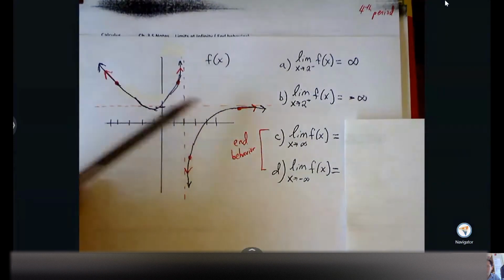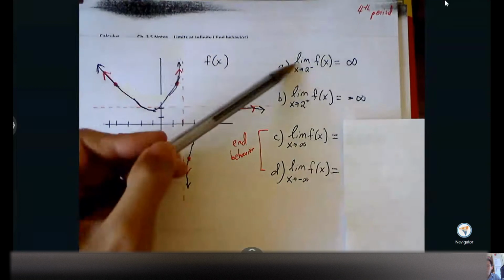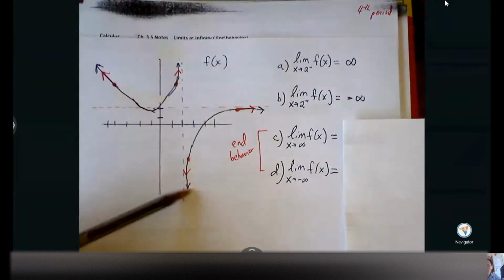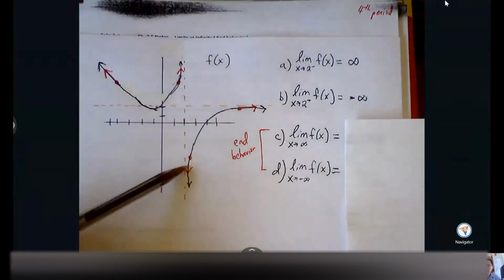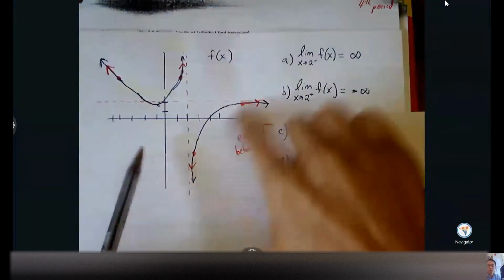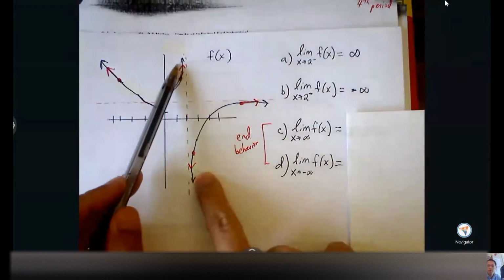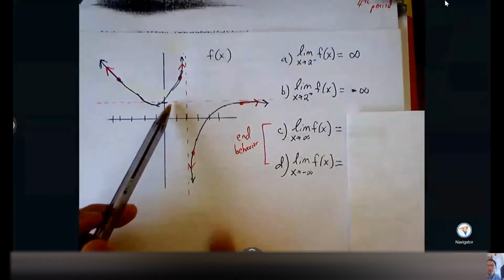Maybe things slightly to the left, to the right is not quite the same, but just based off of the statement, you should be able to create something that looks like mine. Right? Maybe this branch is higher up, maybe this branch is lower down, but the arrows should be consistent with my dotted line.